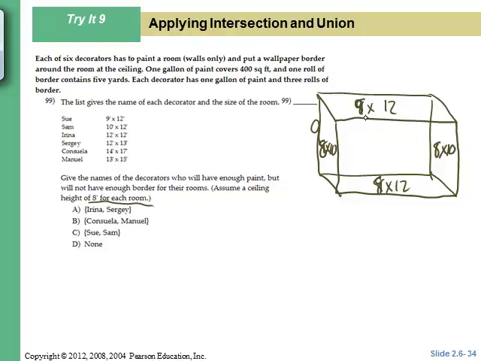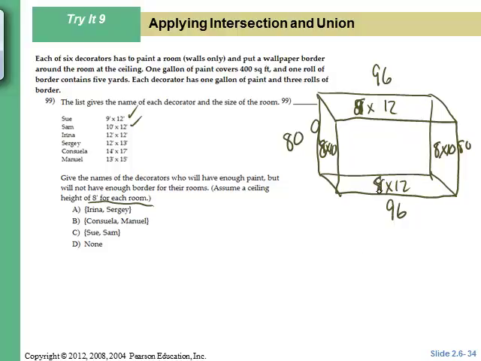Okay, so this one, 8 by 12 is 96, 96, 80, and 80. So a room that's 8 by 10 by 12 does have enough paint. A room that's 9 by 12 will have enough paint. So both those rooms have enough paint.